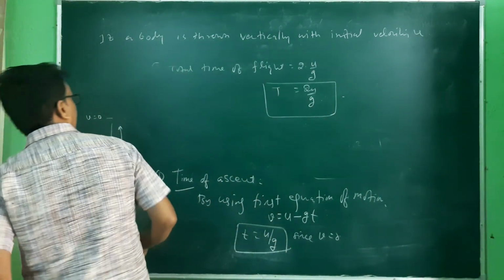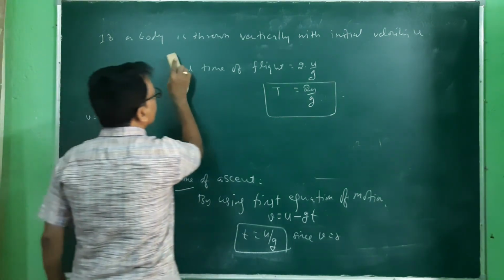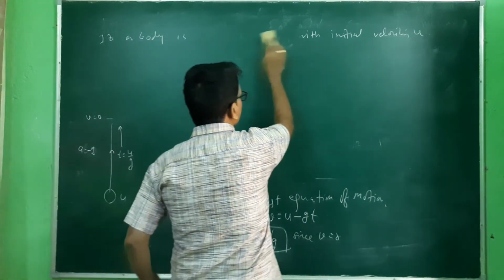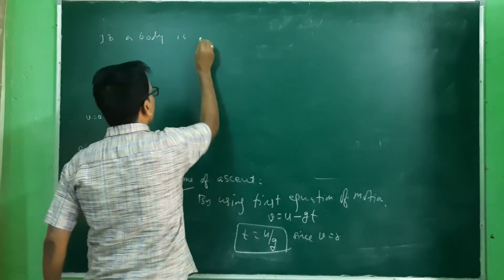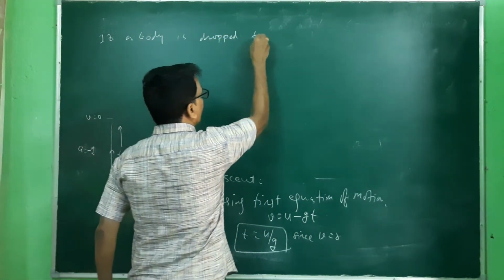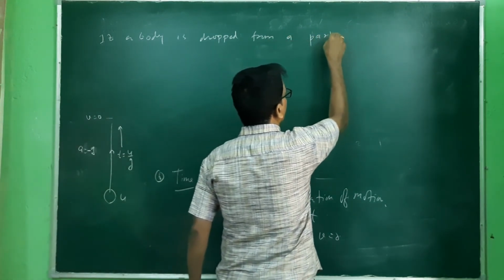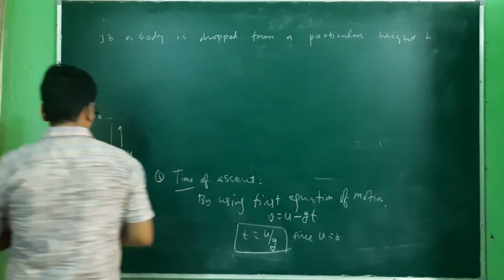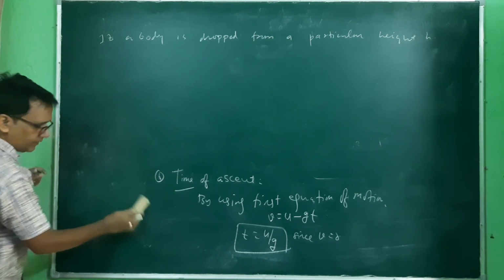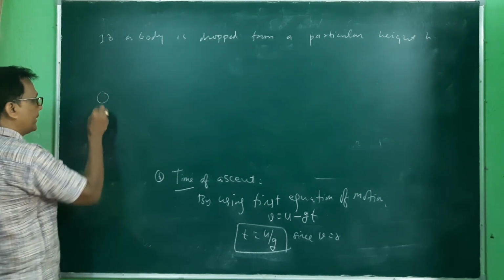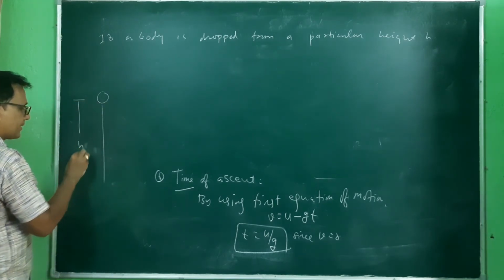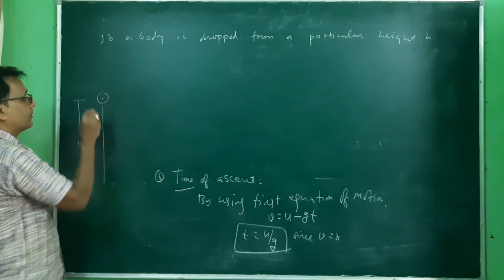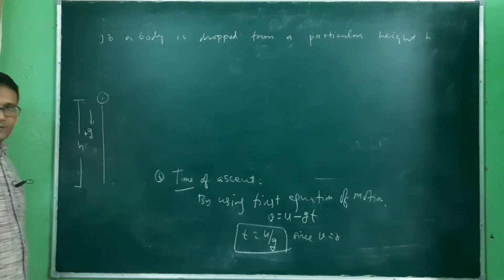Okay, so next we can calculate if a body is dropped from a particular height H. So this is the body somewhere here, and this height is H. Obviously the acceleration due to gravity g will be with positive sign.